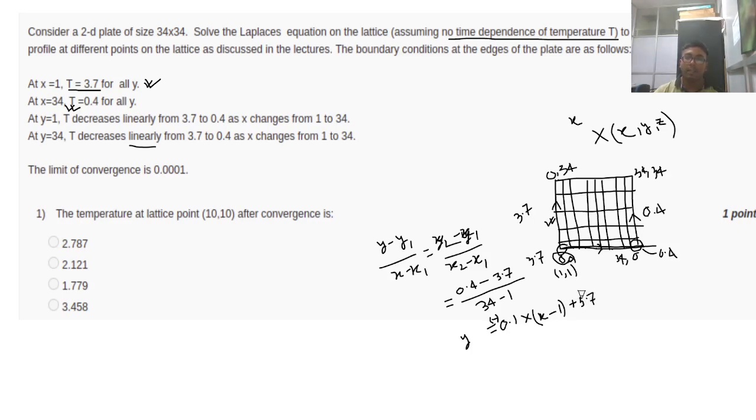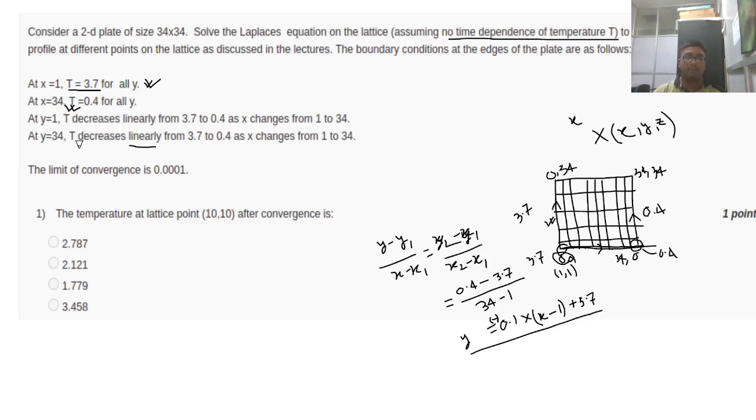But while writing in the code, this is not exactly what we are implementing. You are writing the equation in such a way that we have values decreased by 0.1 at each of the steps, okay? So we can see from the program later on.